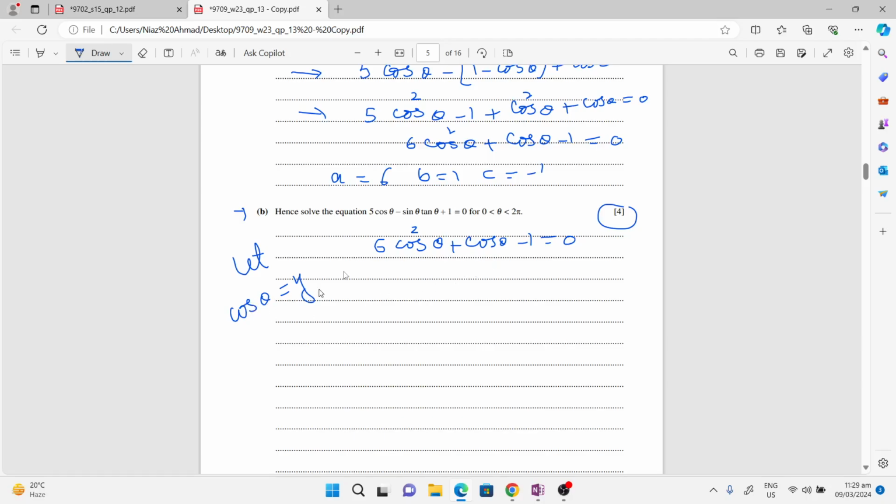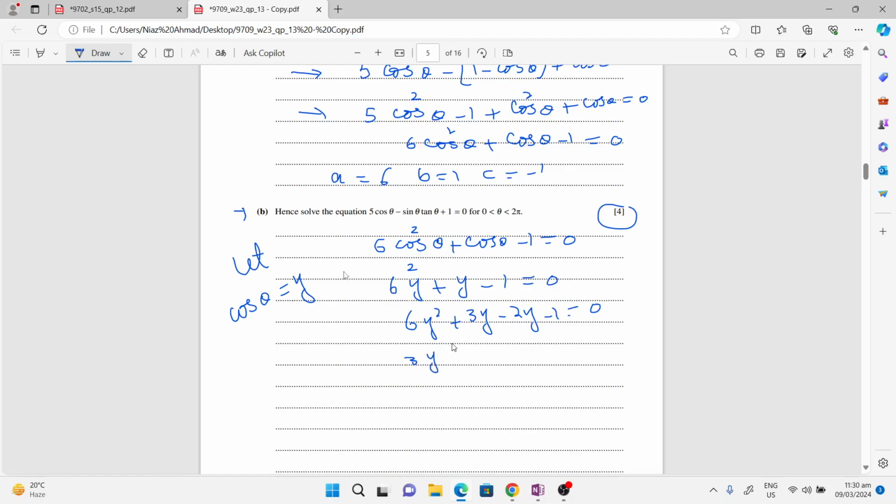If you are making cos theta a variable, then it would be 6y square plus y minus 1 equals 0. If I do midterm breaking, 6 times 1 is 6, so 3 times 2. It would be 6y square plus 3y minus 2y minus 1 equals 0.